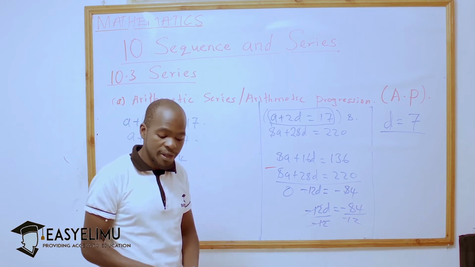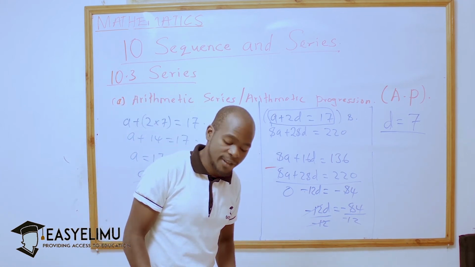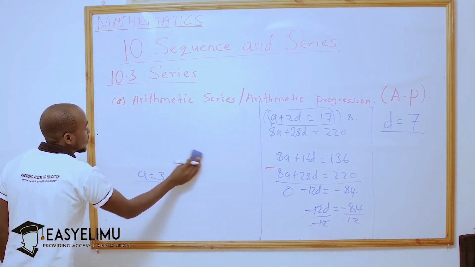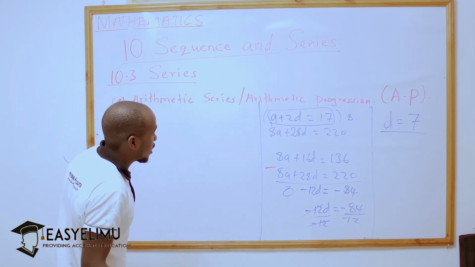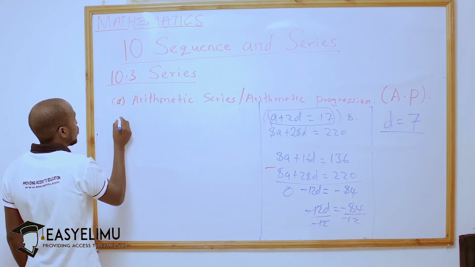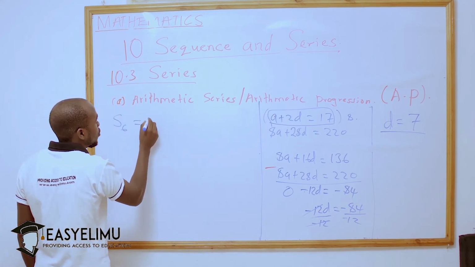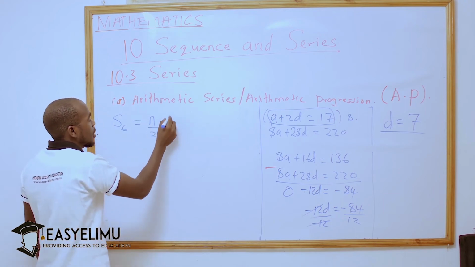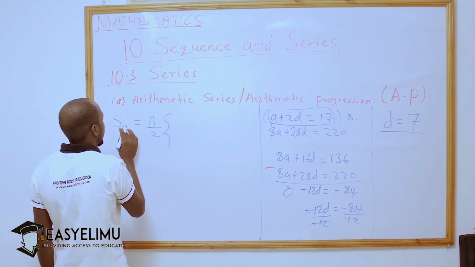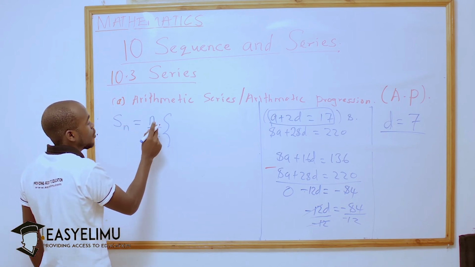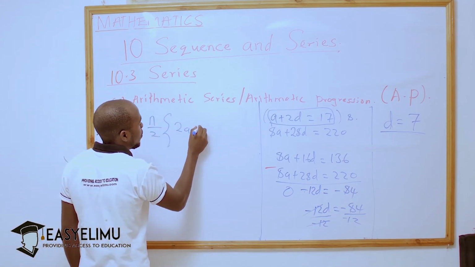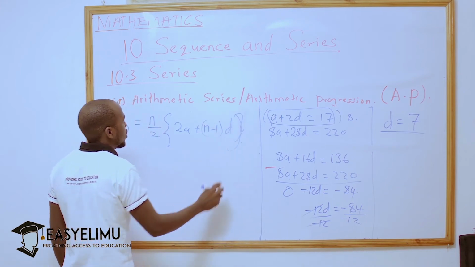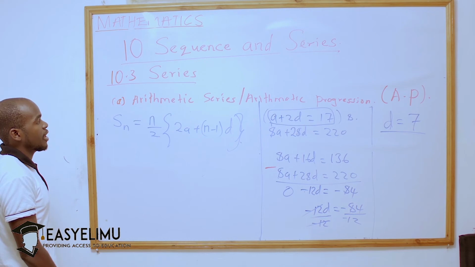We have a common difference, meaning we can find S6, where n equals 6. So the sum of the first 6 terms in an arithmetic series will be S6, equal to n over 2, but let us write the formula. Sn is equal to n over 2 times 2a plus n minus 1 times d, and that gives you the formula of an arithmetic series.